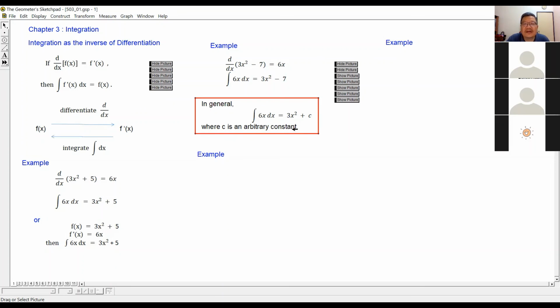Arbitrary means it can be anything, like ambiguous. So you remember when you integrate a certain function, there is always an arbitrary constant at the back. It can be minus 7, it can be plus 5, or anything.